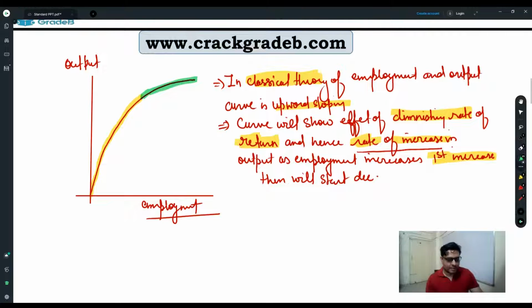It is basically based on marginal utility. I explained in the last class also. Diminishing rate of return means what? Whenever we say return, it means what we are getting, right?